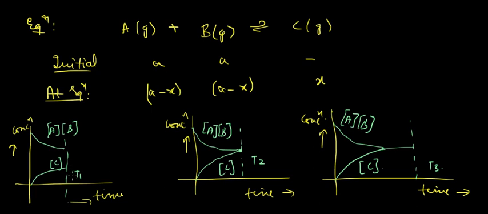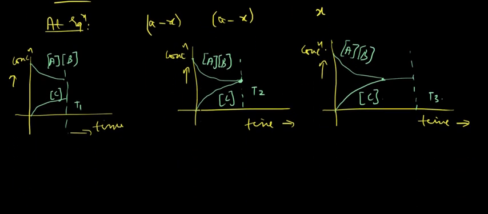Till point t1, the concentration of C is increasing and A and B are decreasing. At point t2, the concentrations of A, B and C are at the equilibrium stage, and then at t3 it's not changing, or it's stable, in other words.